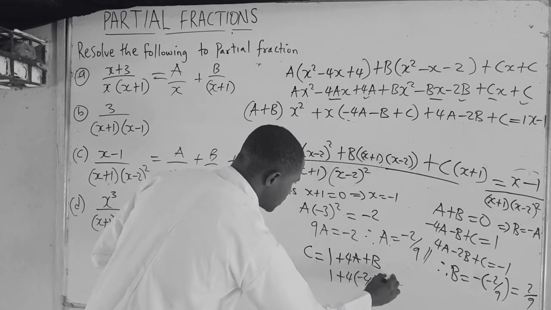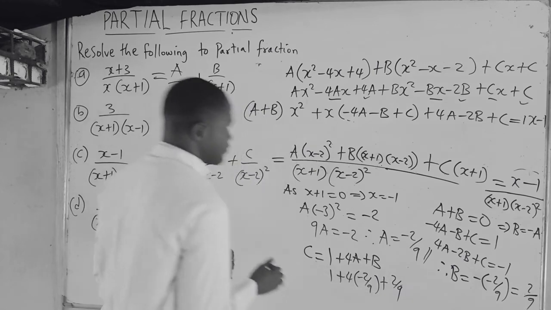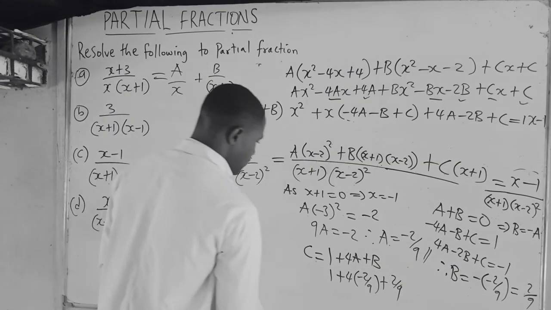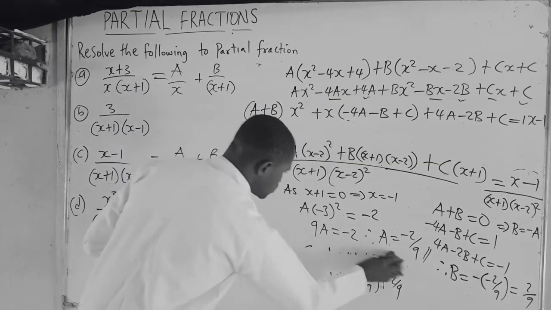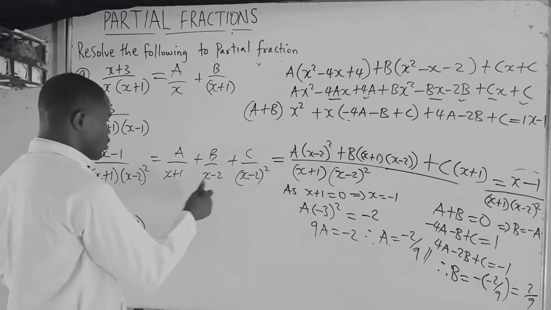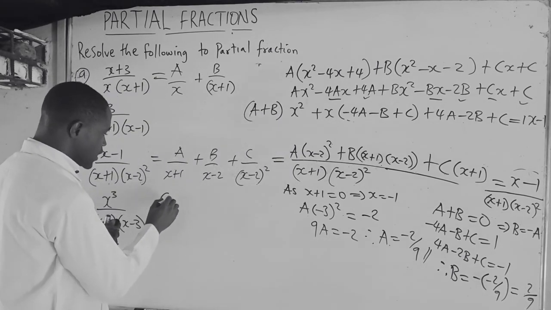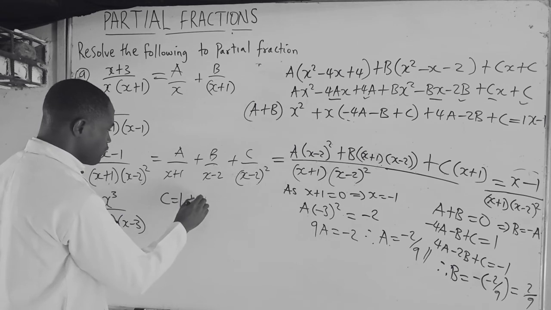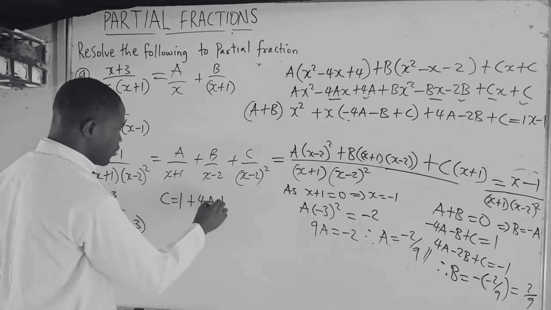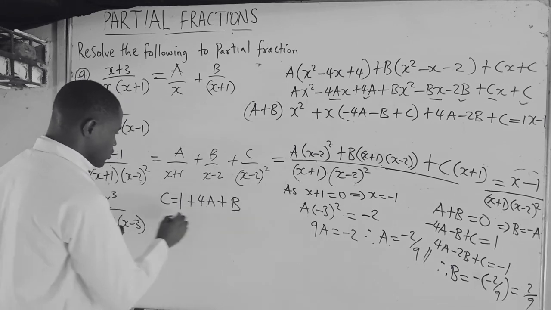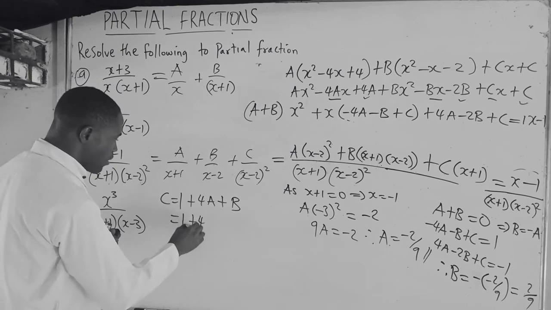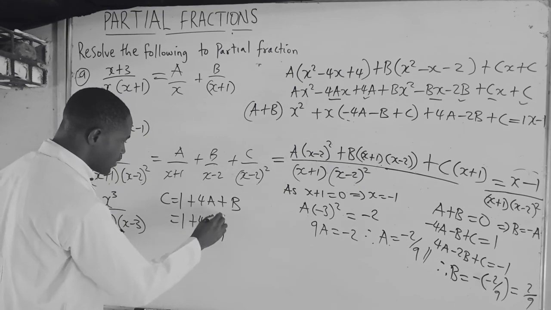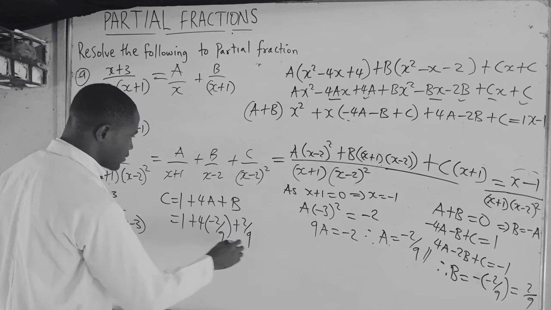And what is our b? 2 over 9. So we'll continue from up here. c equal to 1 plus 4a plus b.